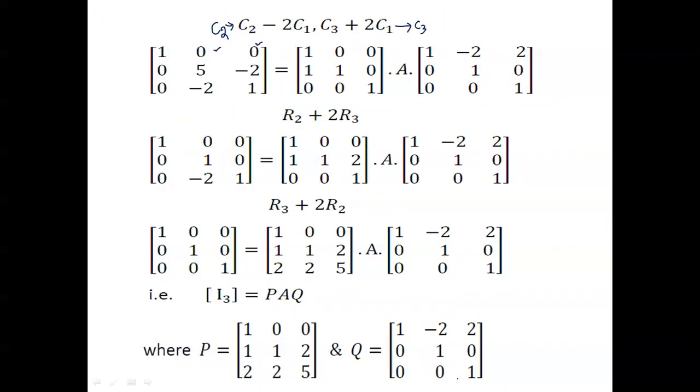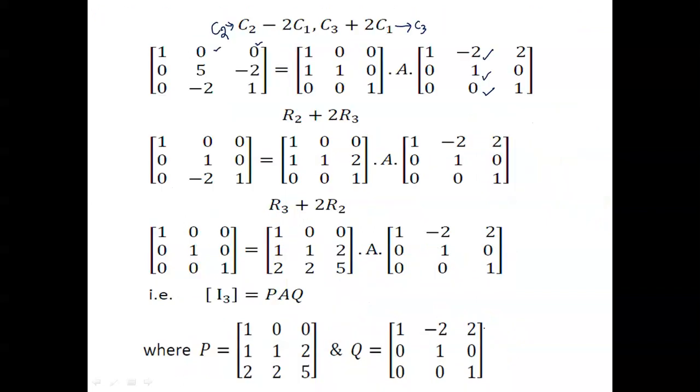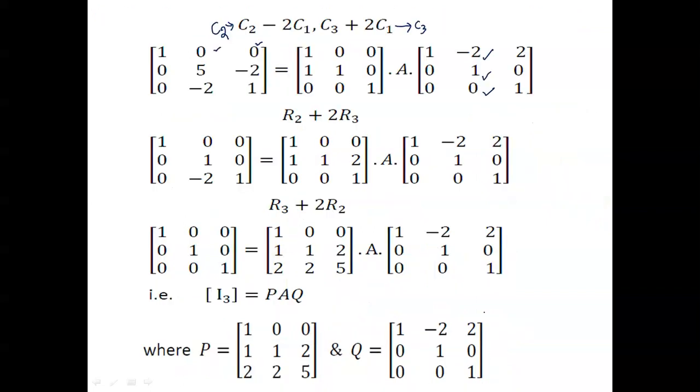So minus 2, 1, 0. The same way here, C3 plus 2C1. So 0 plus 2 into C1: 2, 0 plus 0, 0, and 0 plus 0, 1. So we get 2, 0, 1.